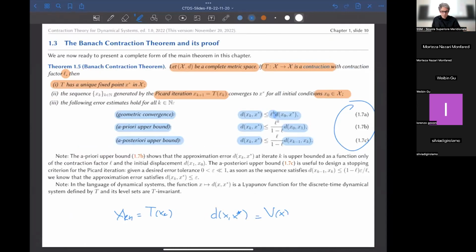The question is, in the strong form of the theorem, which is this version here, do you need to assume that your set is convex in some sense or star-shaped? And the answer is no. The only thing you need to assume is you have a space X, it has a metric D, and it is complete. Okay, thank you. That's the only set of assumptions.